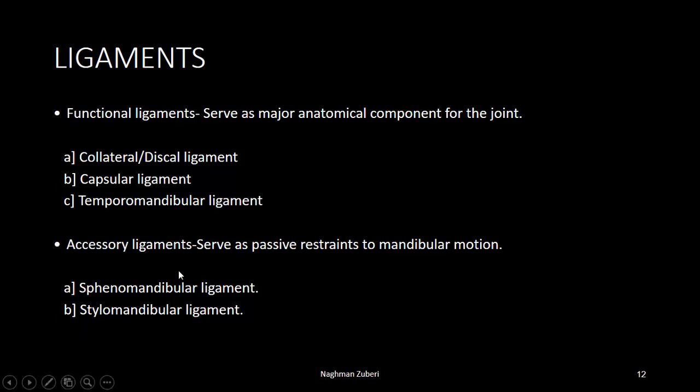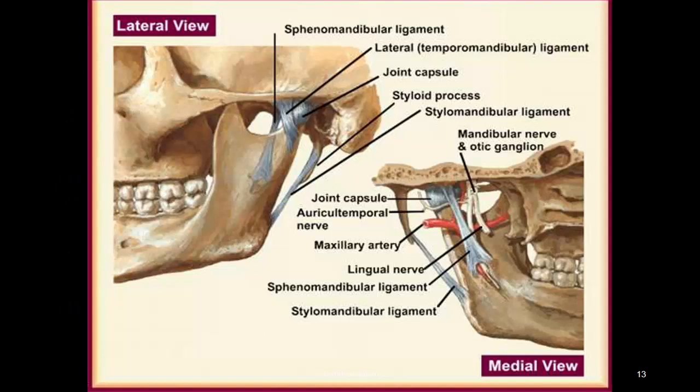There is a projection on the medial side of mandibular foramen. So, sphenomandibular ligament is attached to the lingula and it is on the medial side, whereas stylomandibular ligament is from a styloid process to the posterior border of the mandible or posterior border of the ramus, like this.